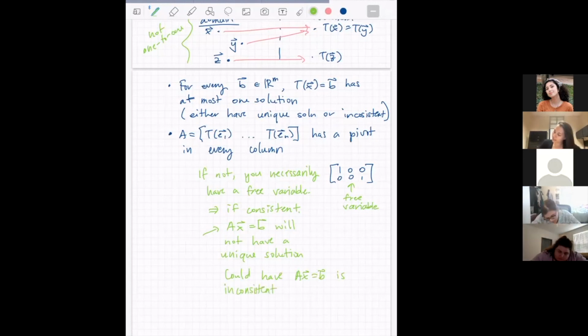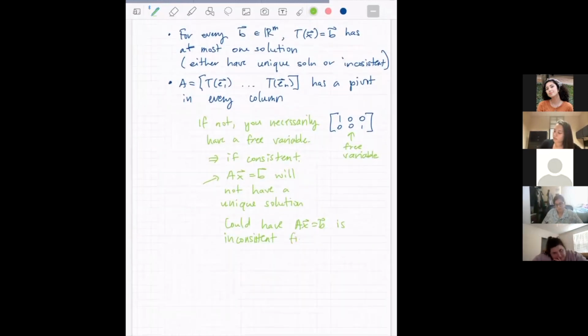Okay, inconsistent. We could have that this is inconsistent for all B. Then this doesn't invalidate anything, right? So if it's always inconsistent, then we never run into this problem of having a free variable.